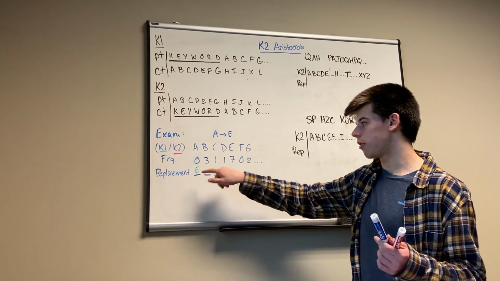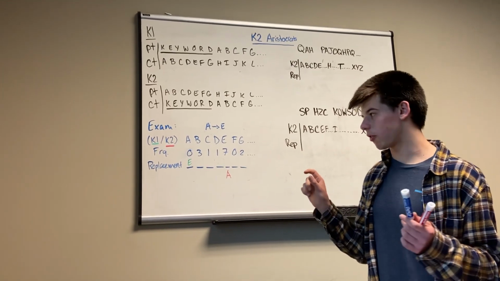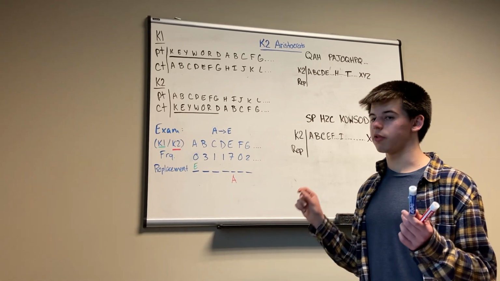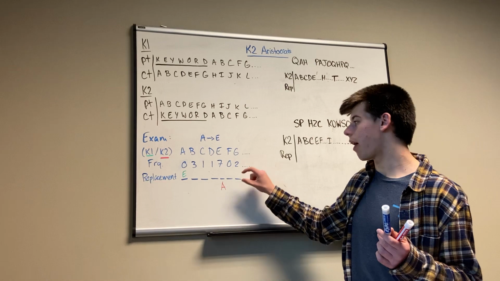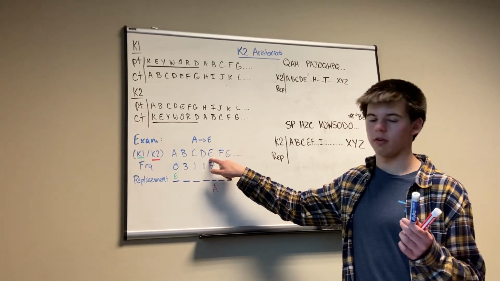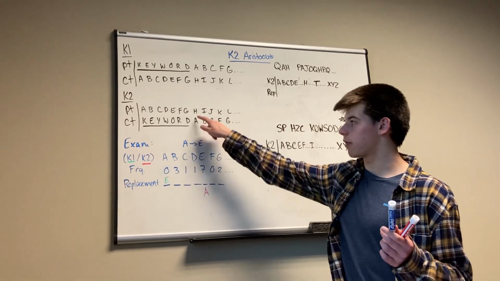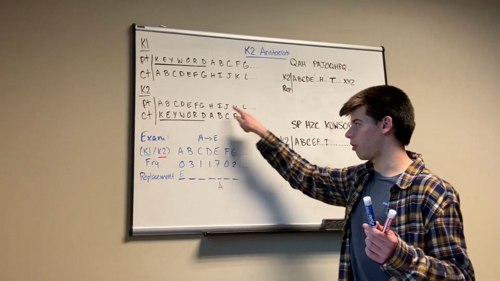With K2, whatever you think the plain text is, because that's what you're trying to find, that is what you're using as the regular alphabet, which makes sense, right? Because K2, plain text, is the real alphabet.